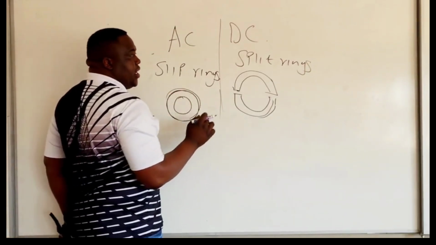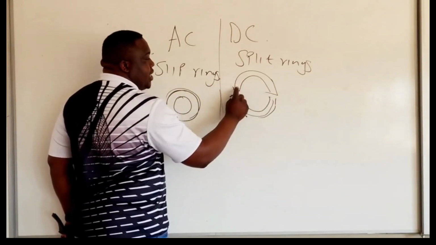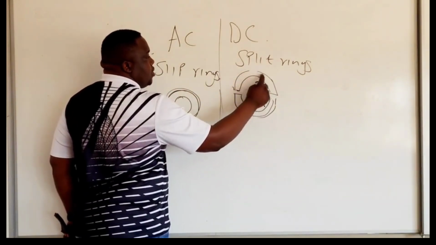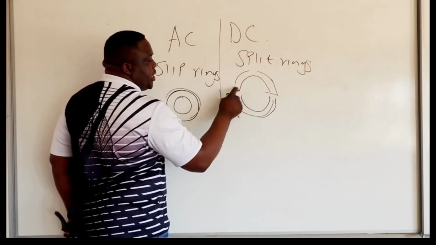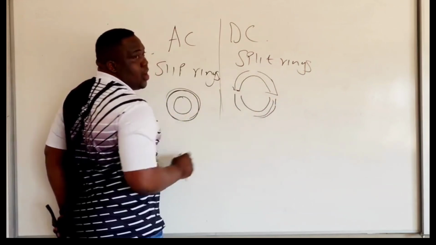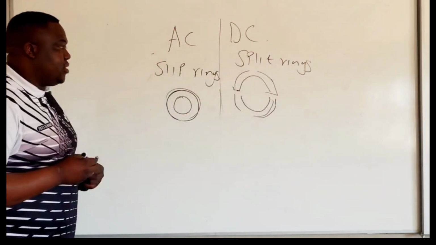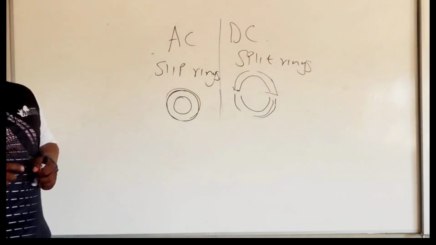Second, the split ring is found in the DC current, direct current, whereby it is not continuous. It is split: the upper part of the ring, then a split, then the lower part of the ring. So that is the main difference.